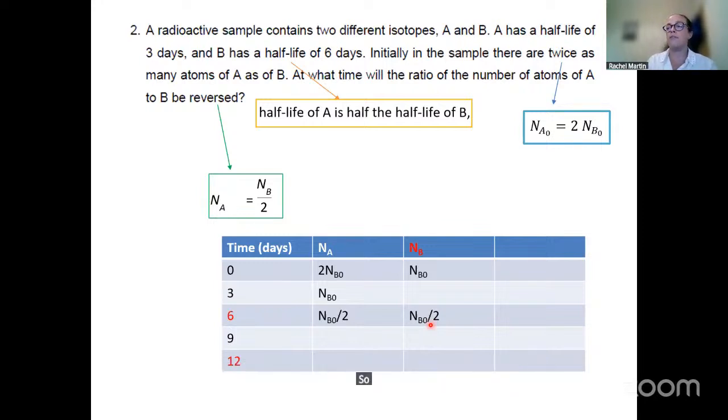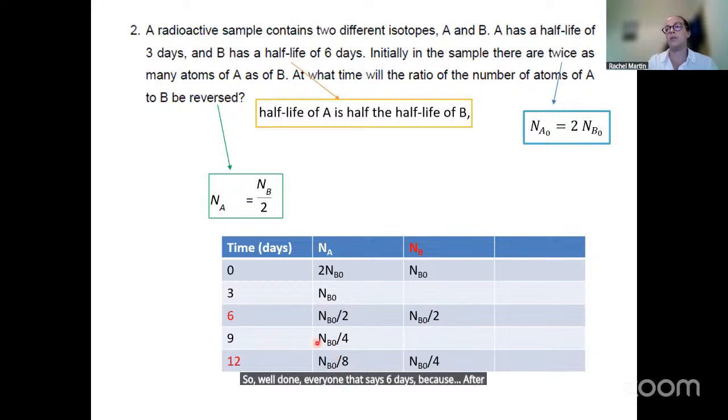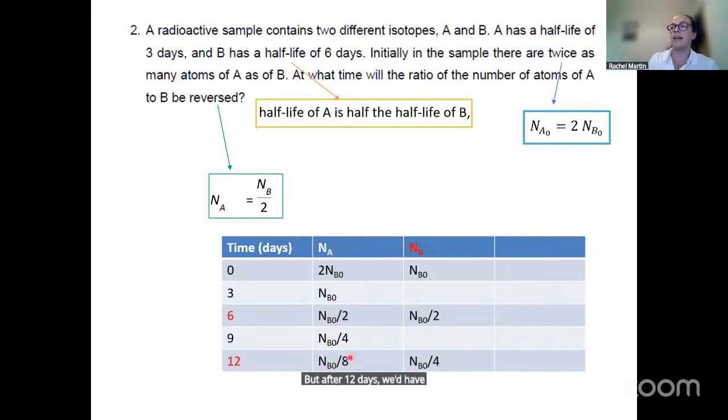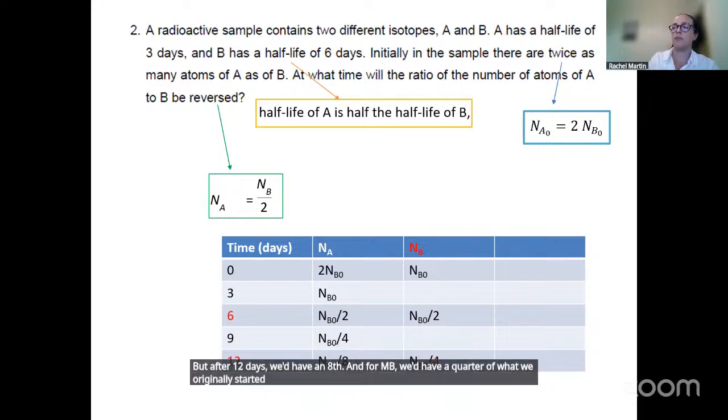So well done everyone that says 6 days, because after 9 days, we'd have a quarter of NB0 for the number of atoms A. But after 12 days, we'd have an eighth. And for NB, we'd have a quarter of what we originally started with because we've gone 2 half-lives.